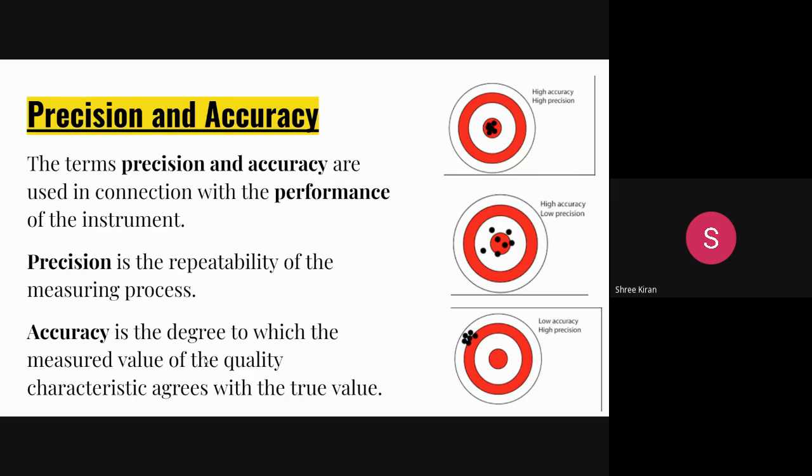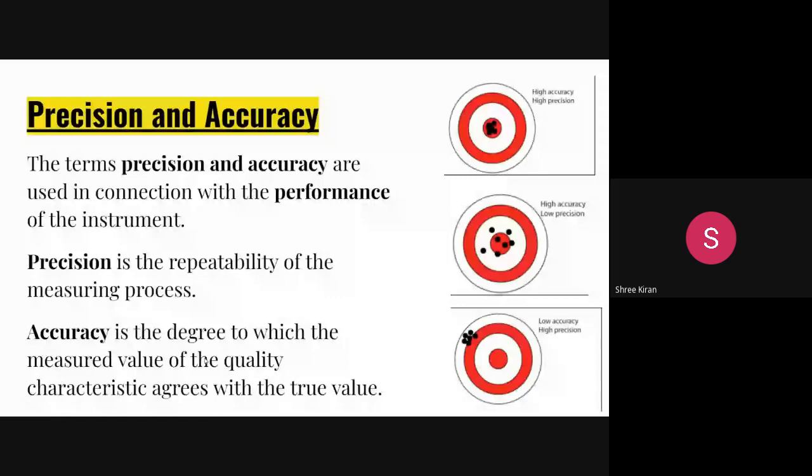So precision is the repeatability of the measuring process. The next aspect is accuracy. Accuracy is the degree to which the measured value of the quantity and quality characteristics agrees with the true value. That is, we have the measured value and we have a value which has to be attained for the purpose, as in the case of mechanical solutions.